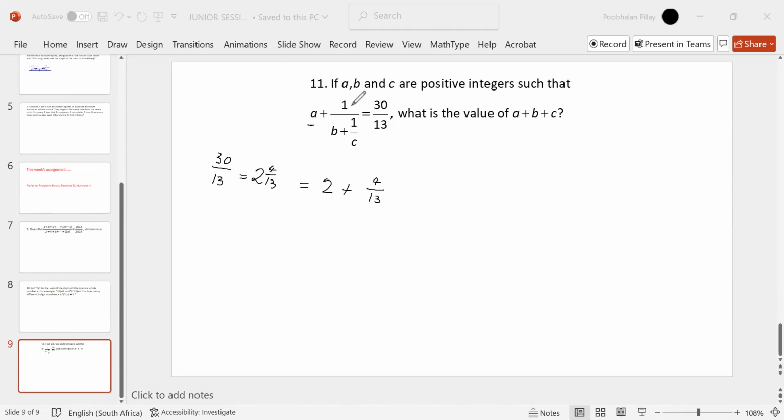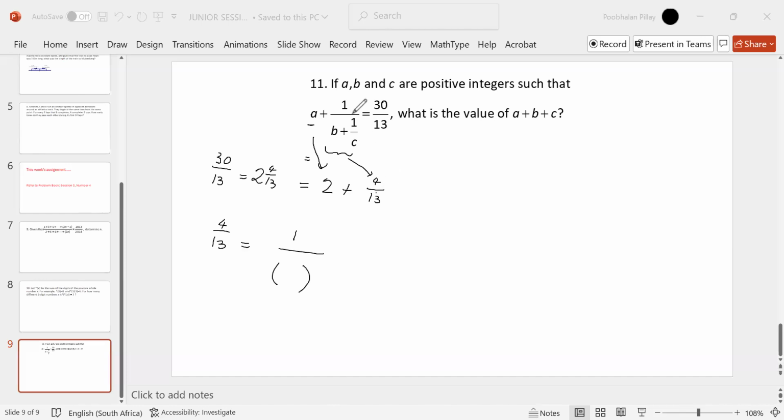Now you want to write 4 over 13 like this. Let's write down 4 over 13. You're going to write it as a fraction with 1 at the top. So what will you have at the bottom? This is your A, and this part here is 4 over 13.